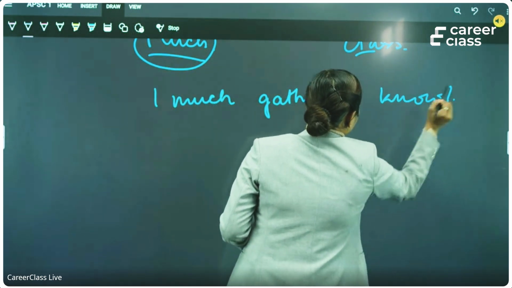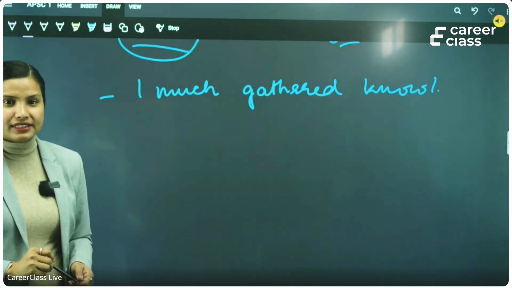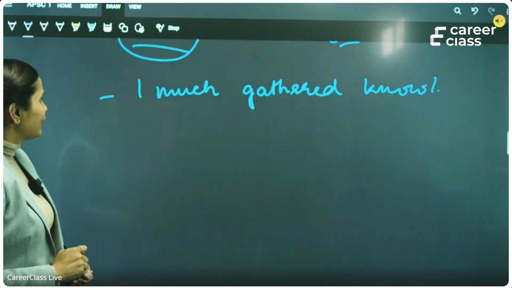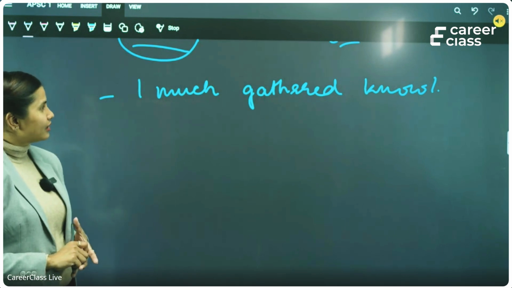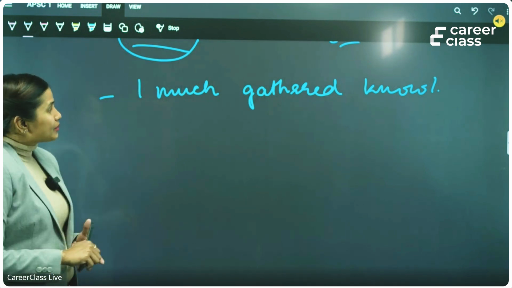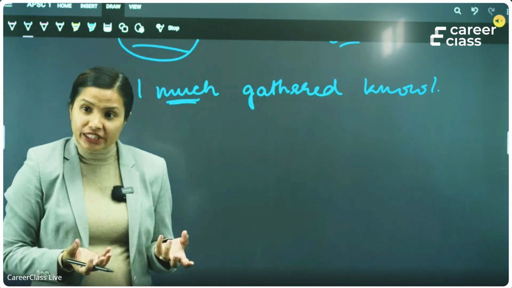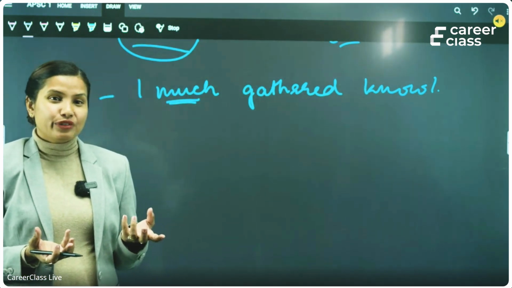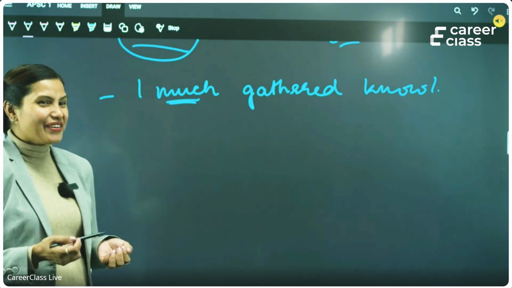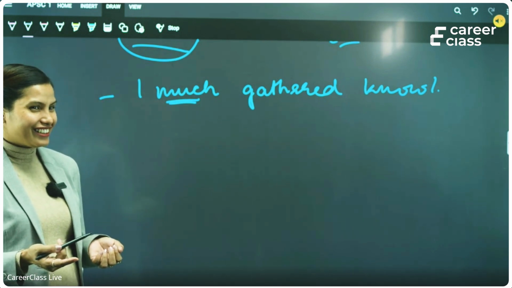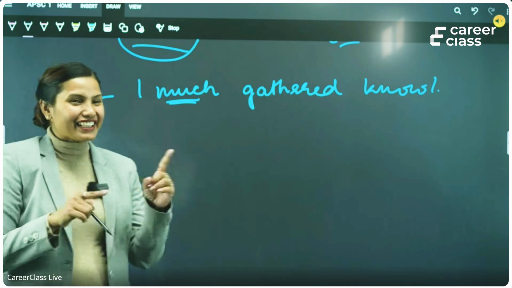Now, do we have anything that needs to get corrected here? Tell me what is wrong here. This much, you are using it to express which particular word? I will much gather knowledge. More. Will and gathered.